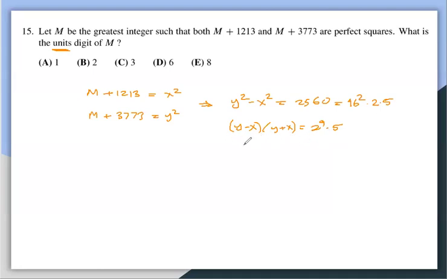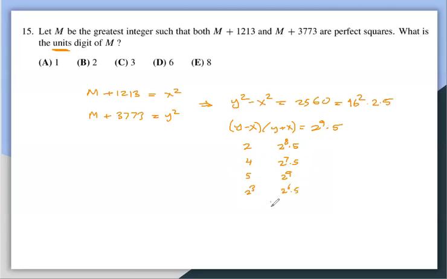So we can take the smallest factor, that's 2, and you get 2 to the 8 times 5. If I take 4, you get 2 to the 7 times 5. And then if you take 8, you get 2 to the 6 times 5.